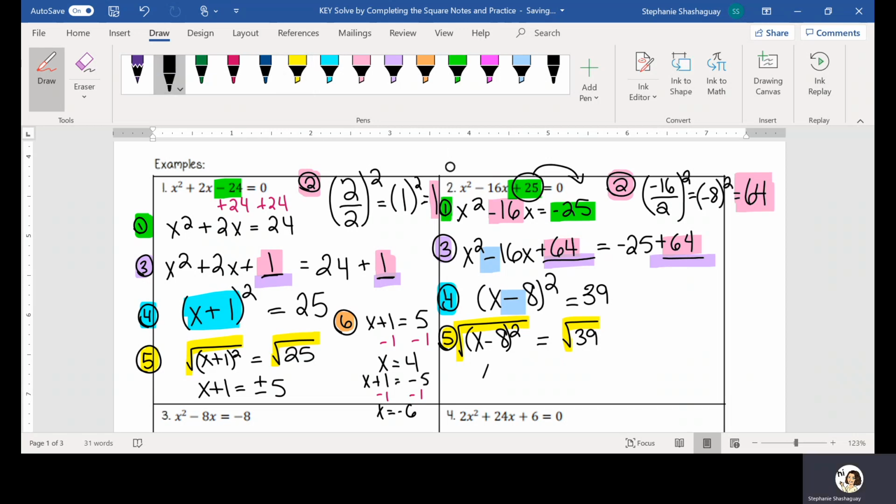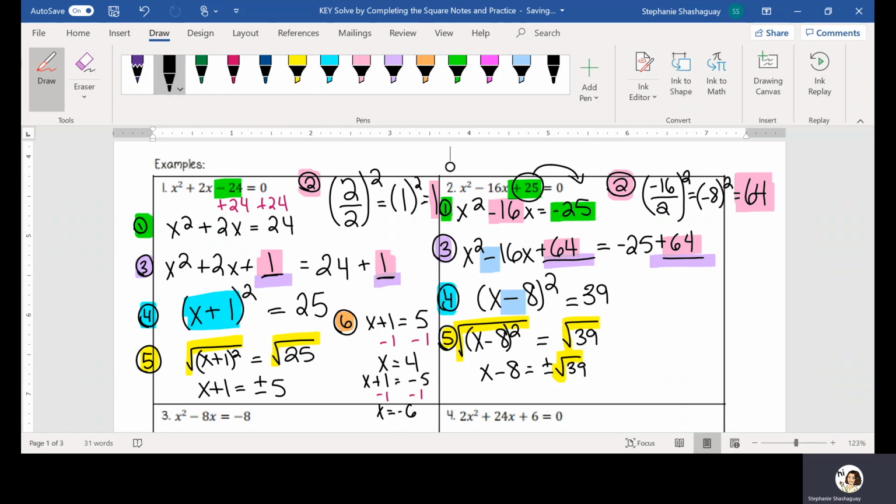So that means that x minus 8 is equal to plus or minus the square root of 39. 39 can be divided by 3, and it's 13, but those are both prime numbers.